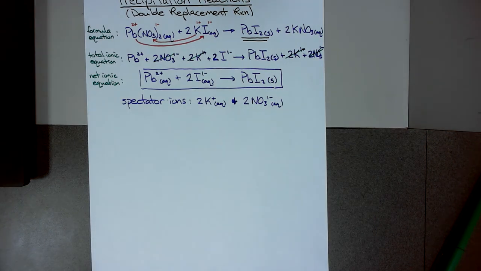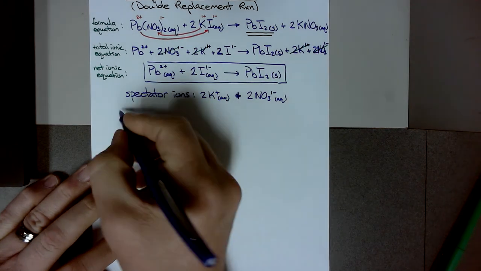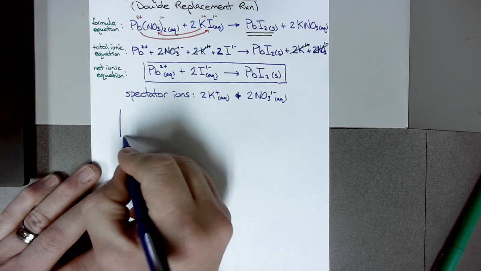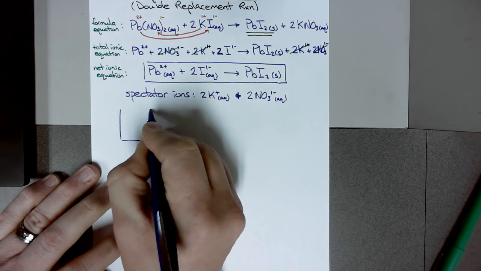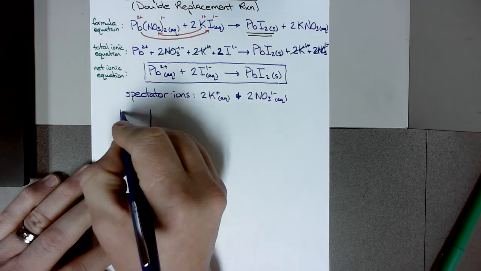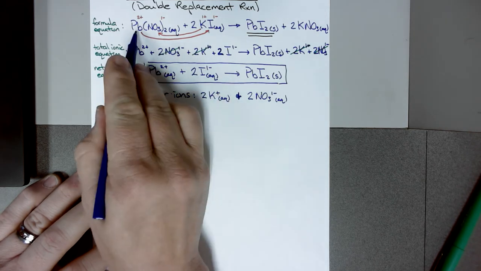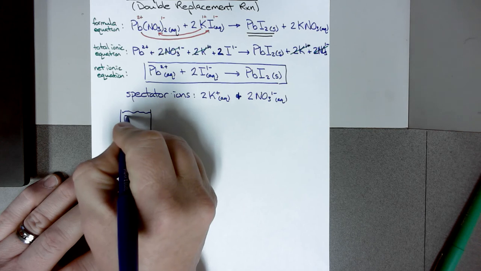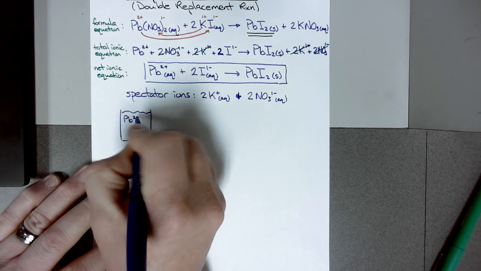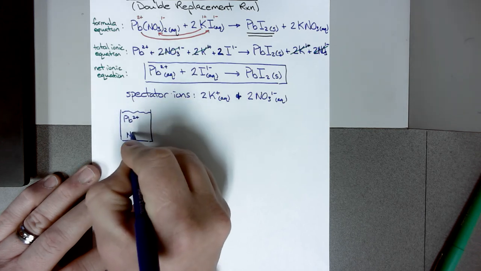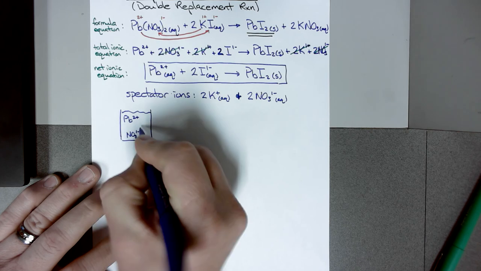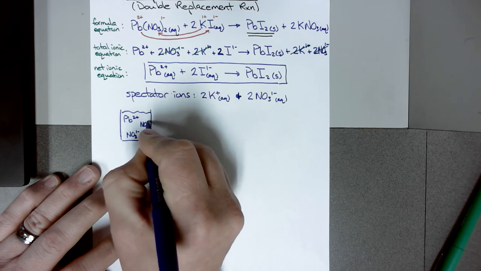Now, so again, what this would look like in a beaker is I would have, let's say, a beaker here of water solution, and remember the lead 2 nitrate is aqueous, so there are Pb2 plus ions floating around, and then we'd have 2 nitrate ions in solution.